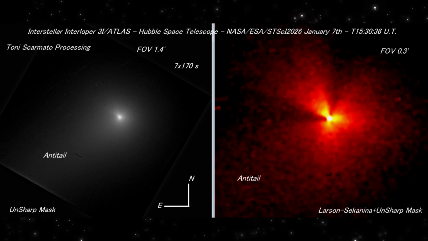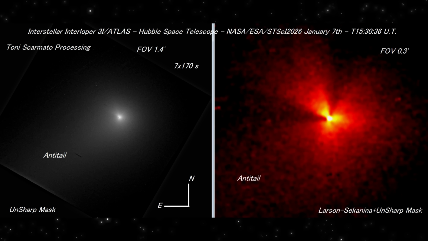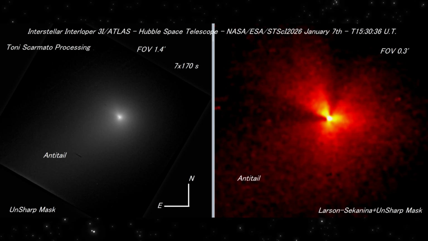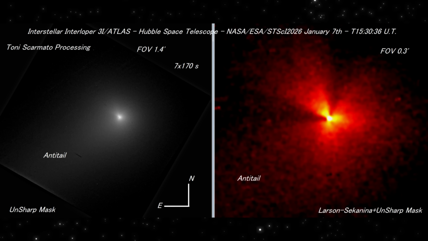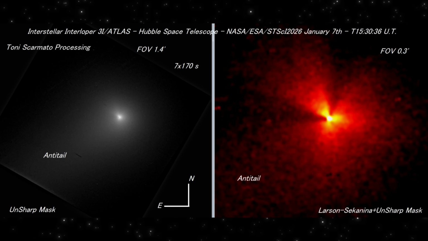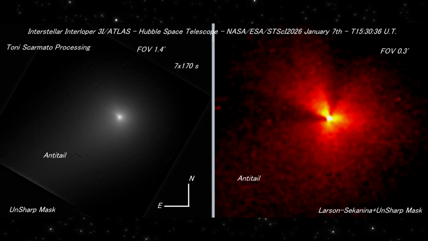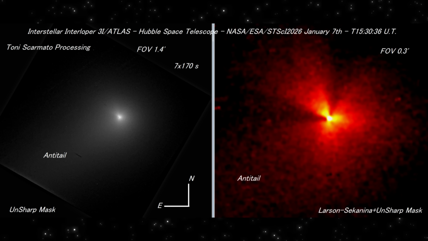It is about precision. Right now, the data shows that 3I Atlas is a coherent, active object with multiple dust emission sources, behaving exactly the way a natural body should under solar heating. It does not change everything. It tightens the interpretation. And that is how good science moves forward.